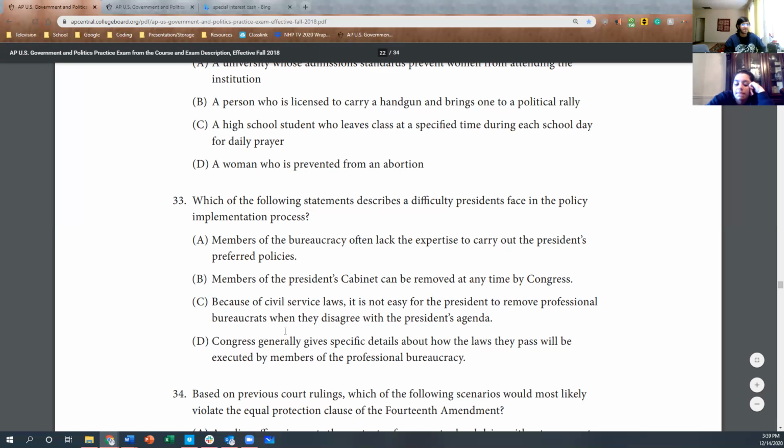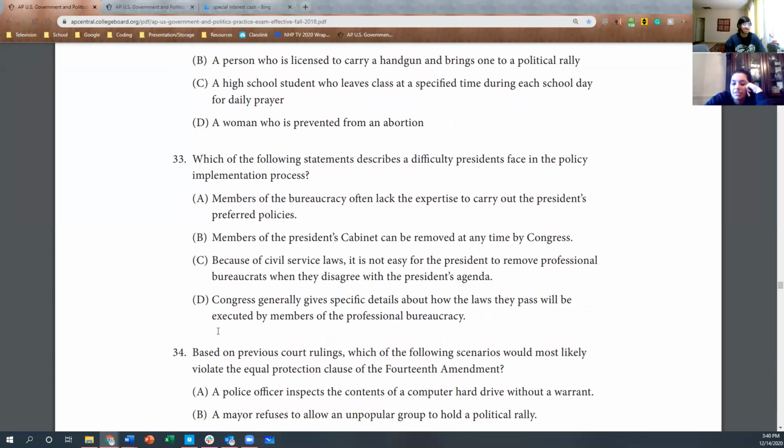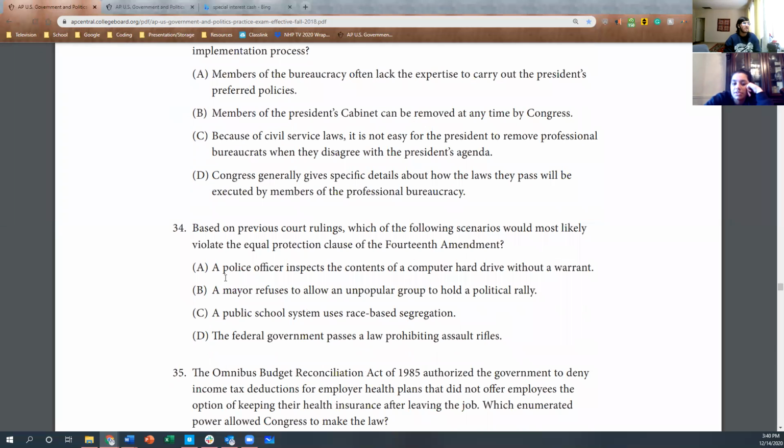I think one example of this might be the lame duck President Donald Trump's hostility with Dr. Anthony Fauci. He wouldn't be able to just fire him willy-nilly. He can't do that because of civil service laws.